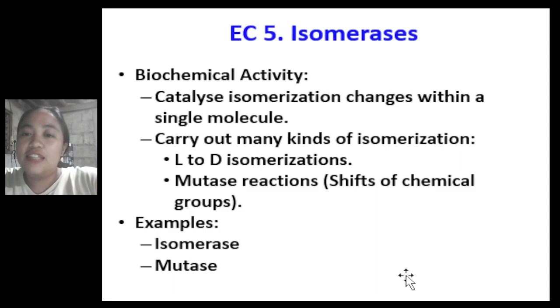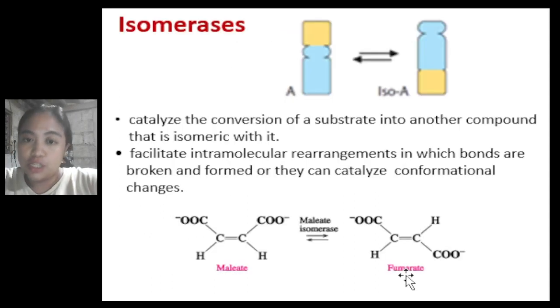Next, second to the last, the isomerases. From the word itself, isomer, so isomerases, they catalyze isomerization changes within a single molecule. And so they carry out many kinds of isomerization, like from L form to D form, and also shift of chemical groups. So this will catalyze the conversion of substrate into another compound that is isomeric with it. Okay?